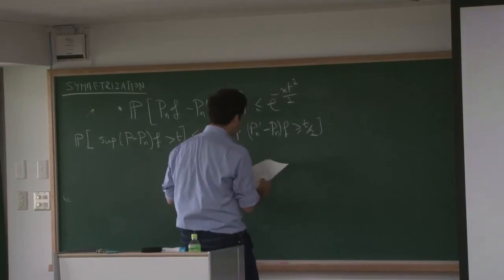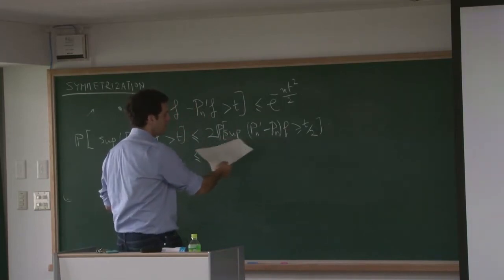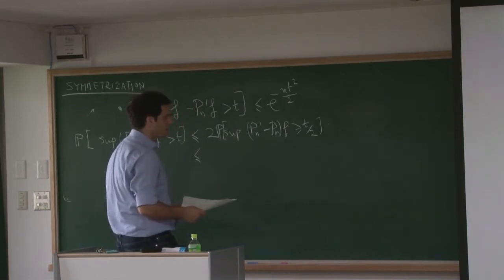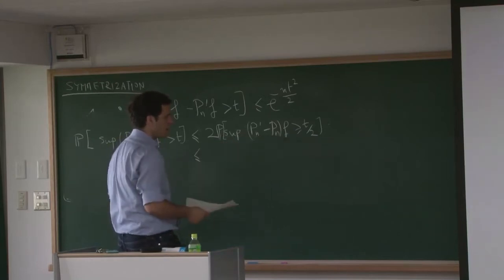So of course, if you really look at this quantity, it just depends on this first sample n and the second sample n prime, right?